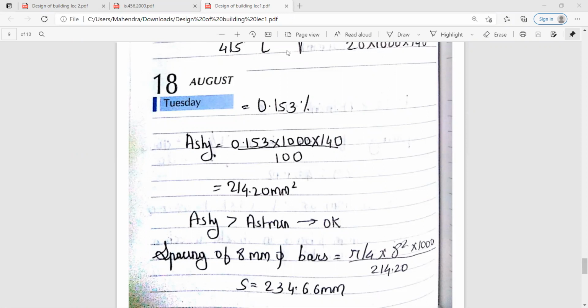Okay, everyone had got the value for the spacing, that is 234.66 mm. So you have to take the minimum spacing, round it off, that is 230 mm center to center.